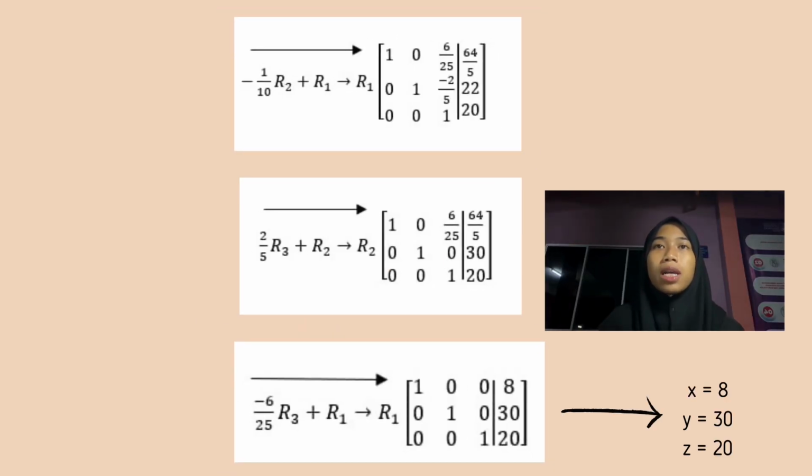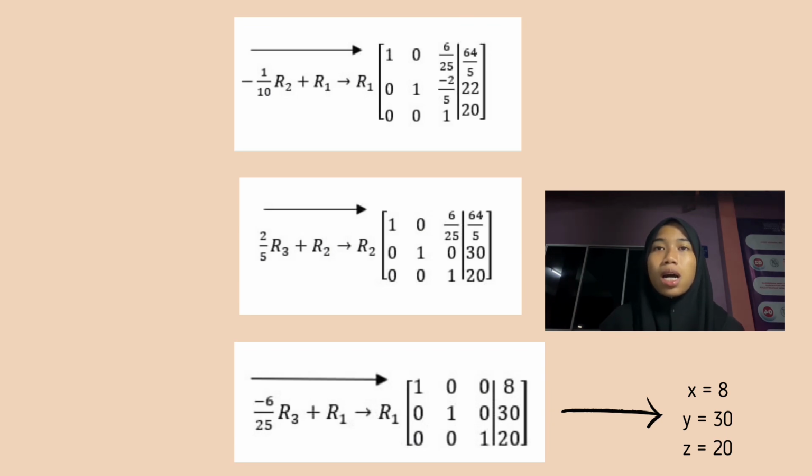Next we want to change the matrix form to an identity matrix. So we change row 1. The calculation is negative 1 over 10 R2 plus R1. So the answer is 1, 0, 6 over 25, and 64 over 5. Next we want to change row 2. The calculation is 2 over 5 R3 plus R2.